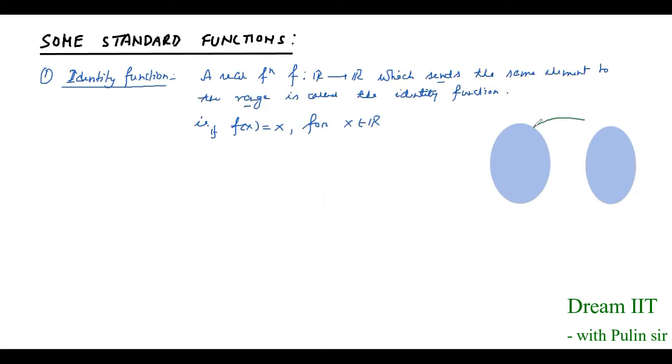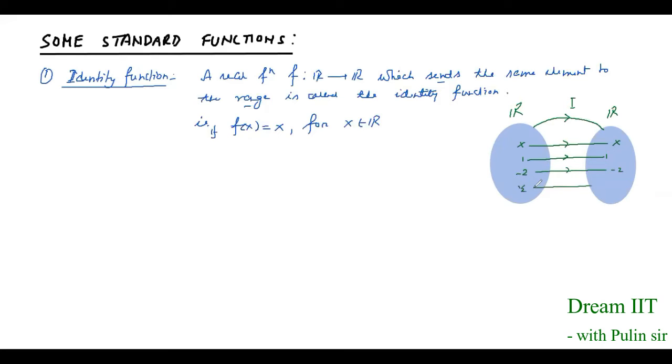The identity function is more precisely defined as I from R to R. Whatever input is there will relate to itself. So if you put 1 here, 1 will be sent here. If you write -2 here, it will be sent to -2 here.